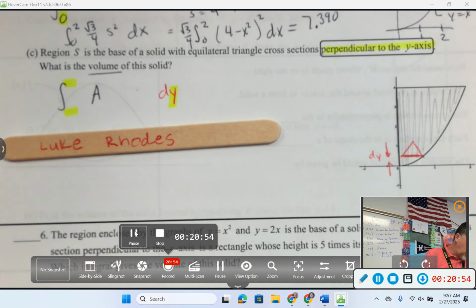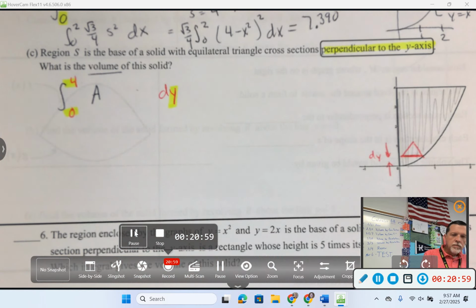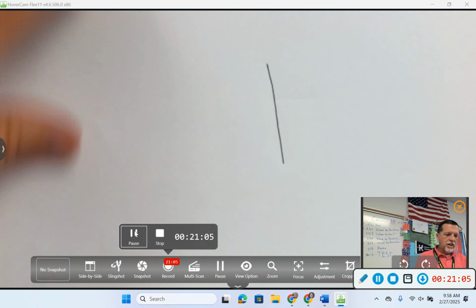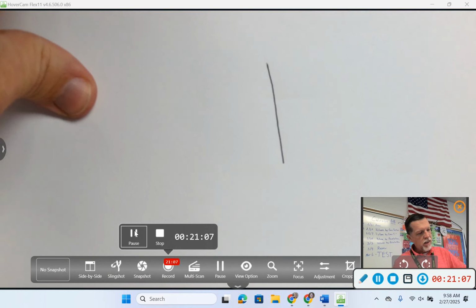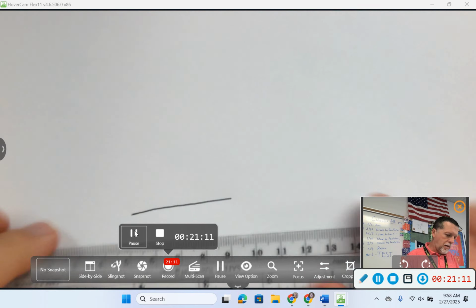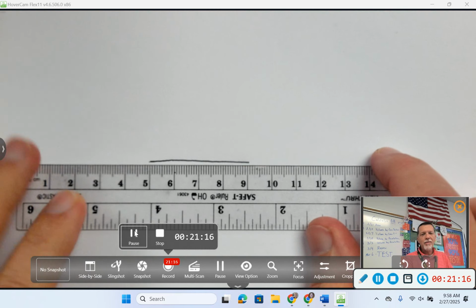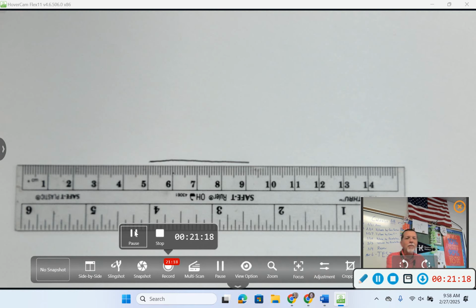Here's the area. 0 to 4. Oh, maybe I need to measure another length here. It's still 4, but okay, this is silly maybe, but maybe it'll help you remember.